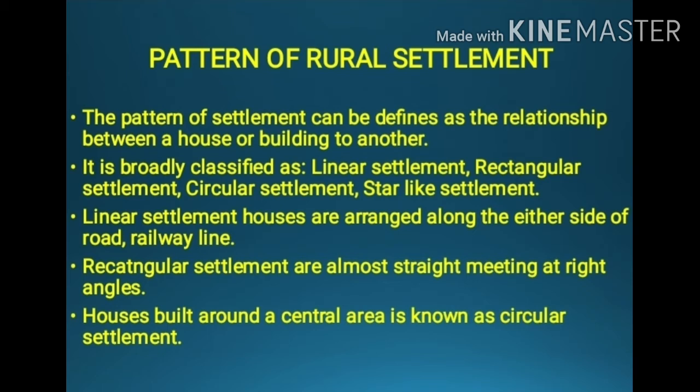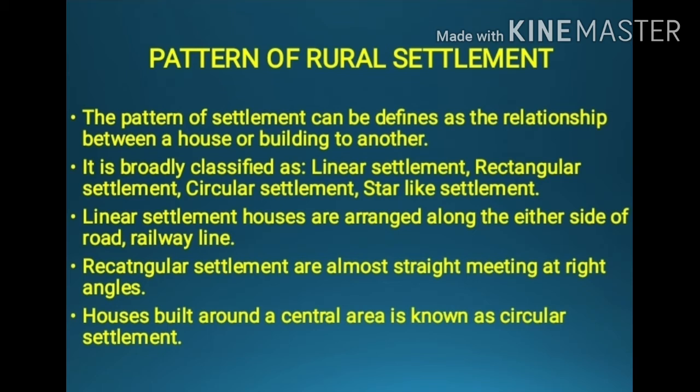The star-like pattern of settlement develops on the sites and places where several roads meet and houses spread out along the sides of roads in all directions. Example, the Indo-Ganga plains of Punjab and Haryana.